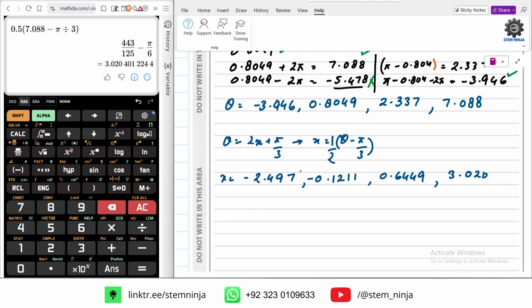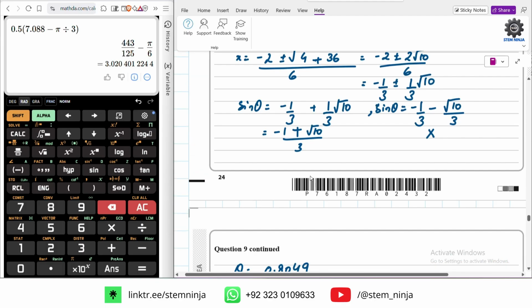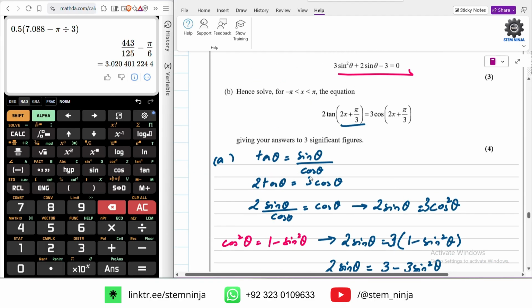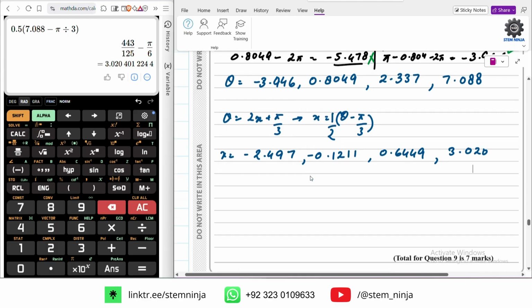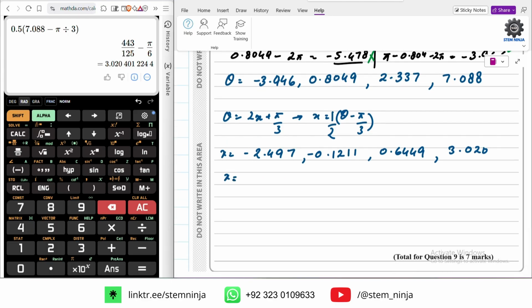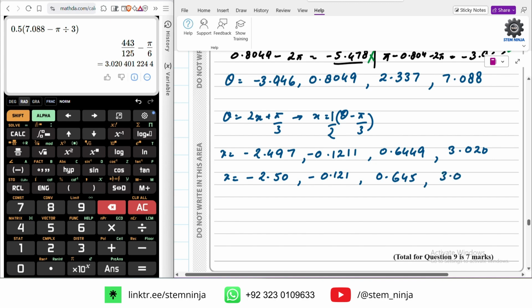Okay, so now we need to give them in 3 significant figures. So this will be rewritten as minus 2.50, minus 0.121, then we have 0.645 and 3.02.